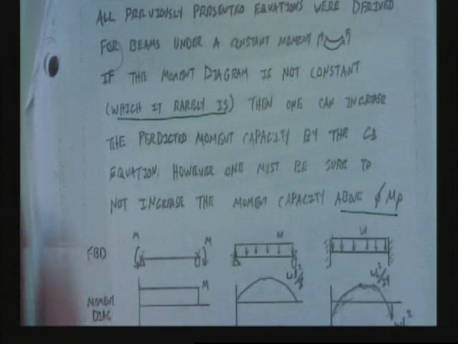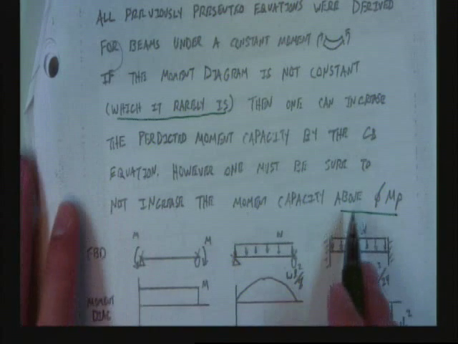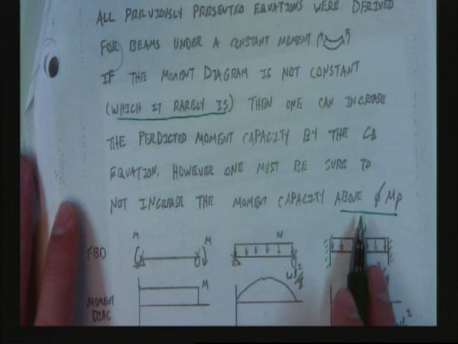Why not? Because it's a plastic hinge formation. C_b helps us with buckling. It's derived for buckling. It's all about buckling. If you get to the point of plastic hinge and you're increasing your capacity above phi M_p, that is wrong. You can't do that.